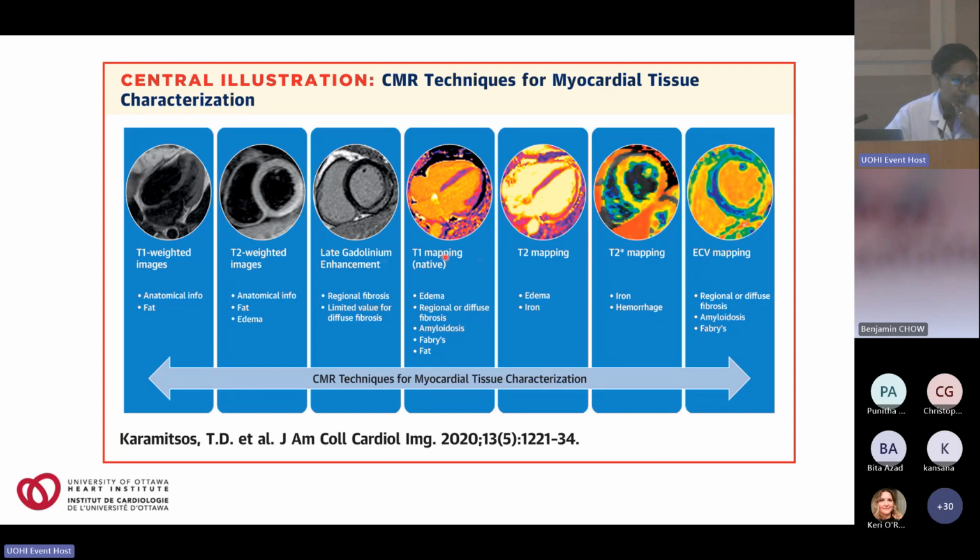It's increased in fibrosis, edema, or in infiltrative diseases, or it could be low when there is fat infiltration or iron deposition. In the T2 map we see it elevated in edema. And as you all know, the ECV mapping helps us to quantify the extracellular volume, and it's quite important in identifying infiltrative diseases.